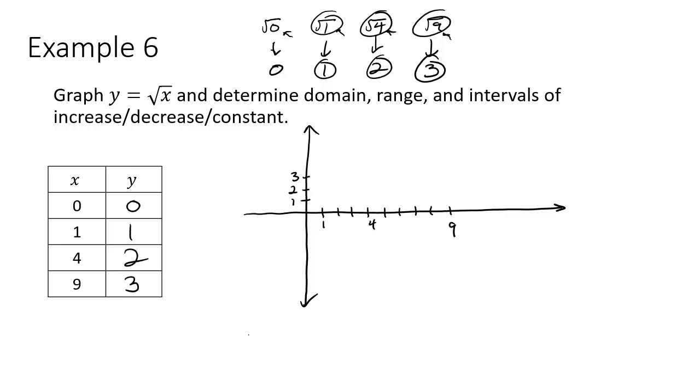And so as far as my ordered pairs go, I've got the origin, 0, 0. We've got 1, 1. 4, 2, so 4 to the right, 2 up. And 9, 3. So 9 to the right, 3 up. And again, we get that sideways parabola shape.